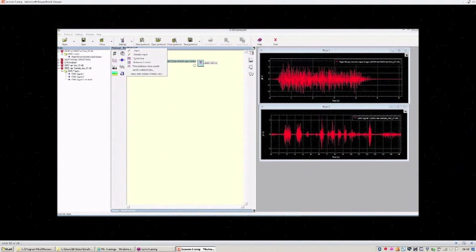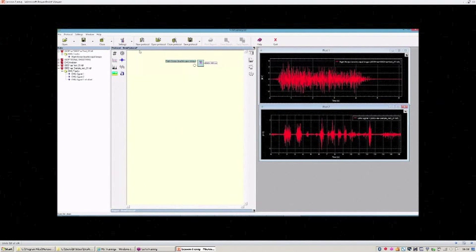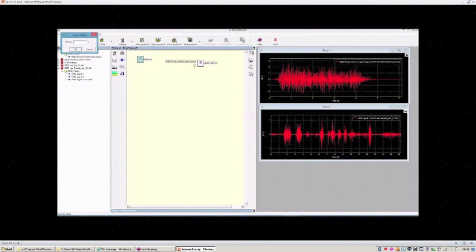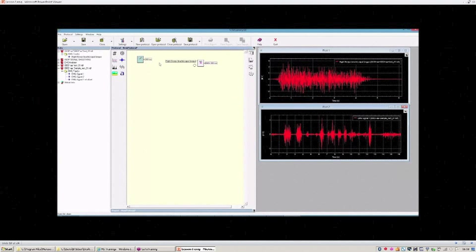The first input has to be the signal, and now we have to define the time window. So I'm going to choose 300 milliseconds. And this has to be the second input. So this is the result. As you can see, we have now extracted the envelope.